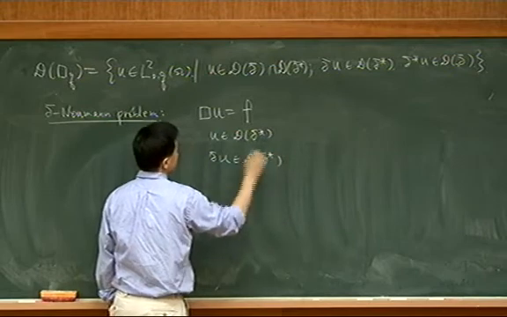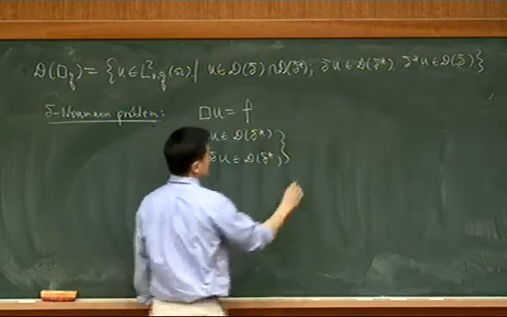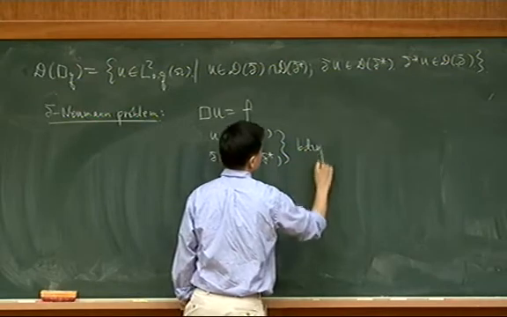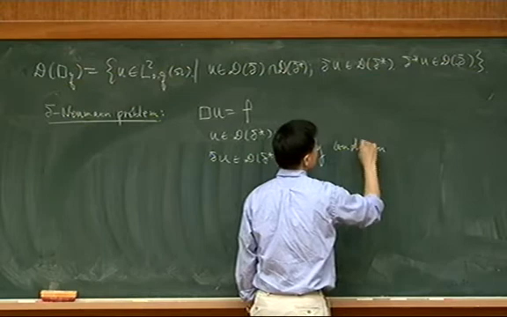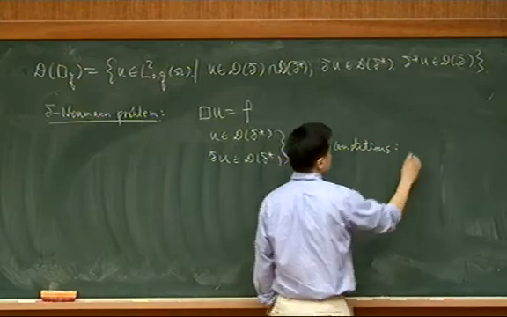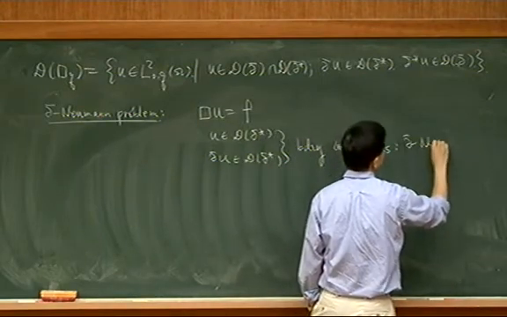So these are boundary conditions. These boundary conditions are what we call the dbar-Neumann boundary conditions.